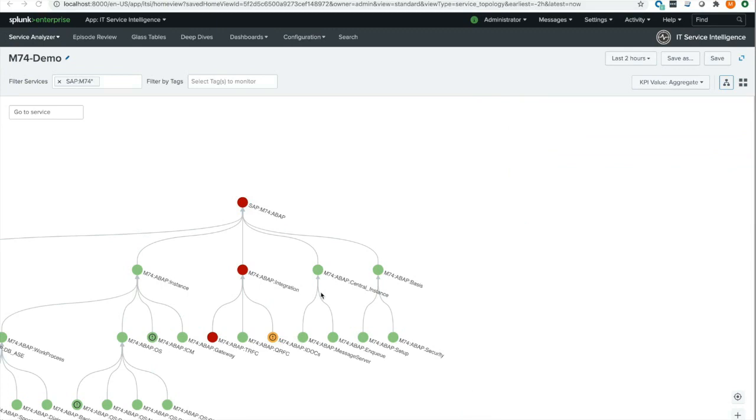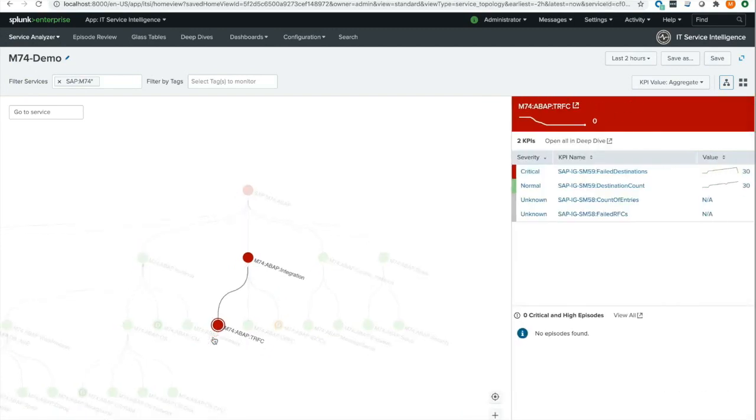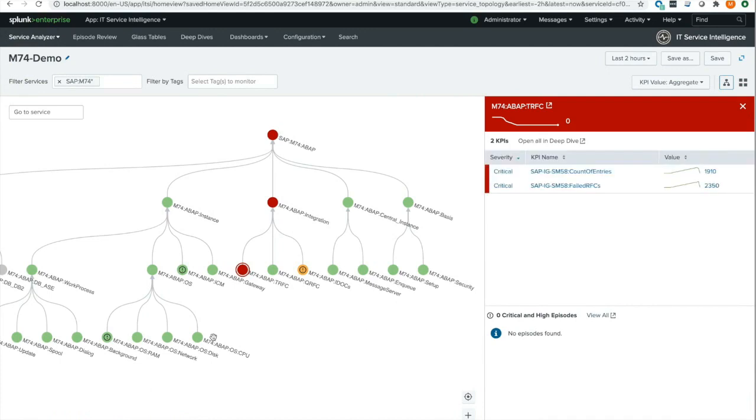Let's check out another hotspot in the current health of the M74 instance. Let's look at the real-time health of our queuing system. Just like we see that the failed destinations are increasing, we also see the failed remote function calls increasing quite significantly.